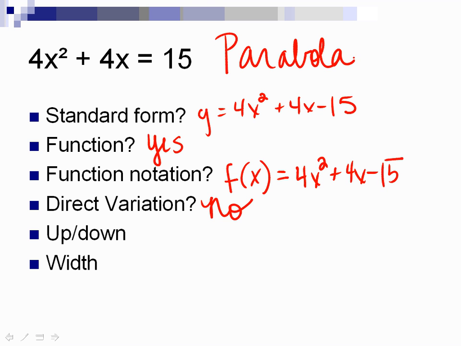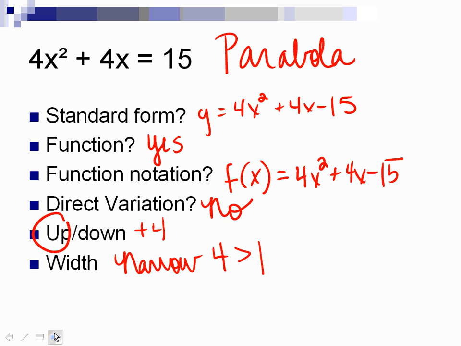Parabola. Okay. Does it go up or down? Up. Why? It's positive 4. What's the width? Is it skinny? Is it fat? Is it narrow? Is it wide? It's narrow. The reason it's more narrow is because the 4 is greater than 1. Okay? Who got all of those right?